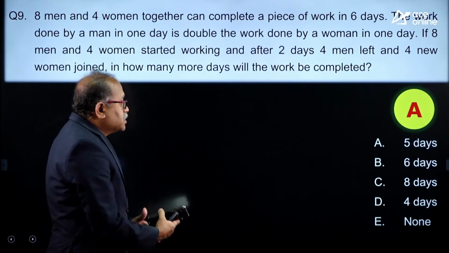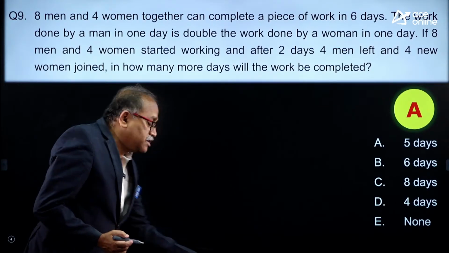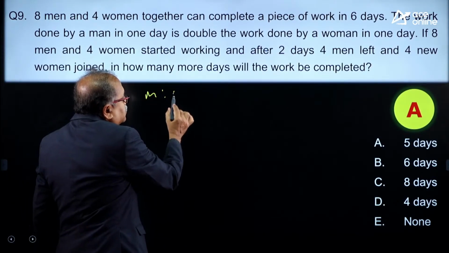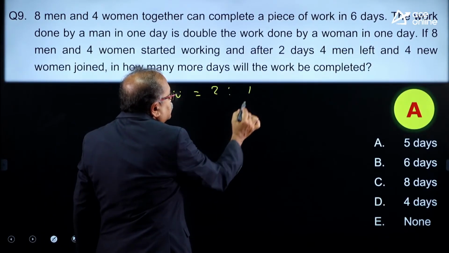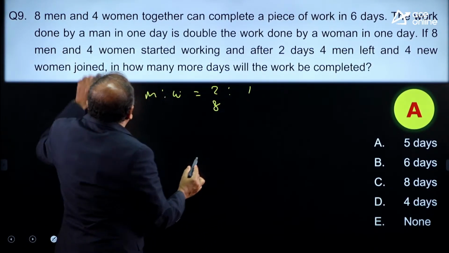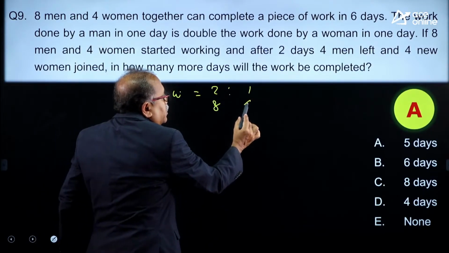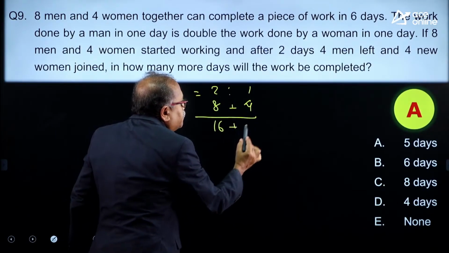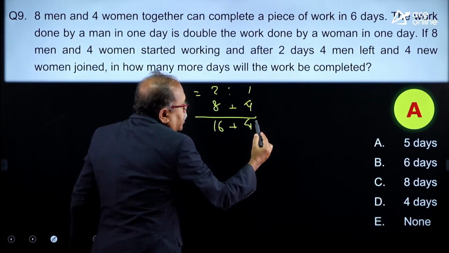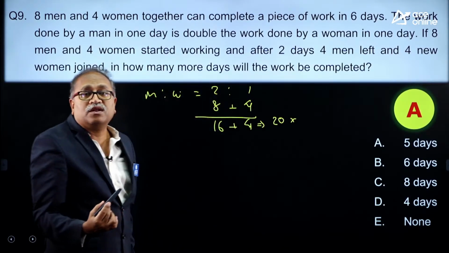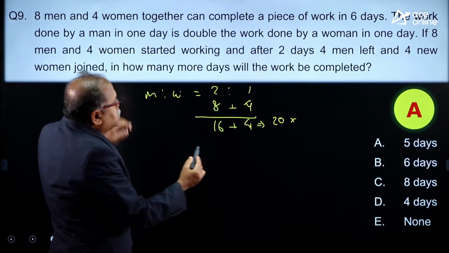Now, let us see how to answer this. We have already seen that the men to women efficiency ratio is given to us as 2:1. In the first case, 8 men were there and 4 women were there. So how much is the efficiency here? 8 into 2 is 16 plus 4 into 1 is 4. That means the total efficiency is 20, and the total number of days to complete the work was 6.